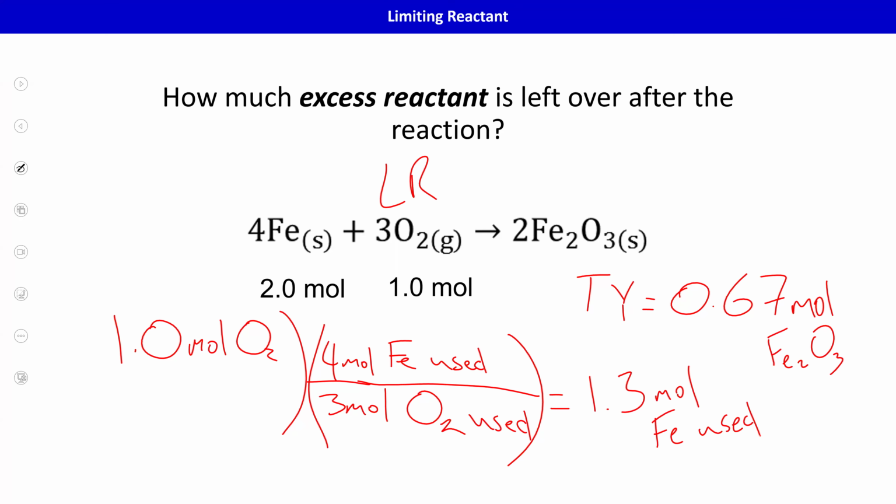So when we do that math, we get 1.3 moles of iron used. So if we want to know how much is left, we just think about the logic. We started with 2 moles of iron. We used 1.3 moles.